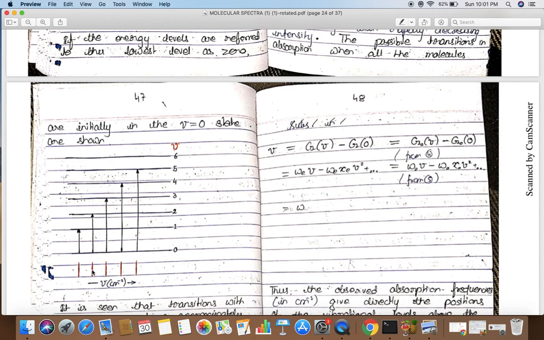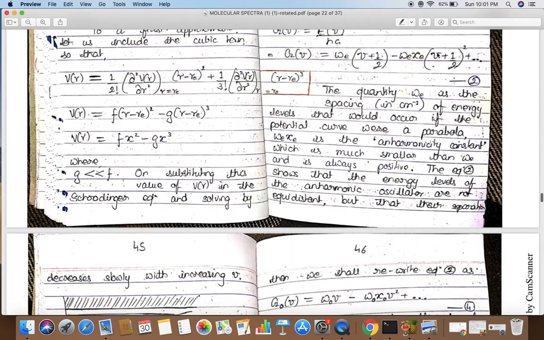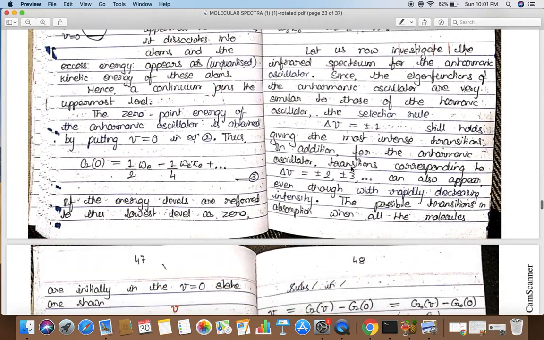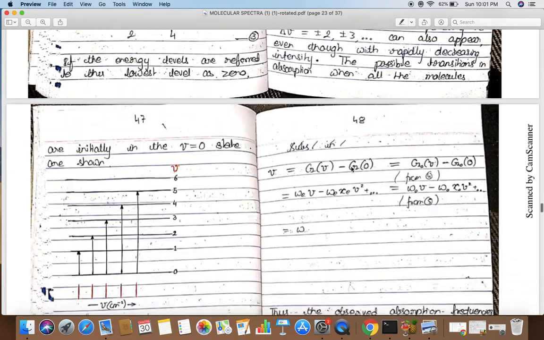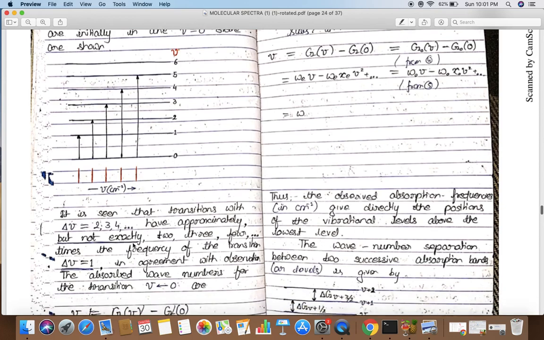As nu is increasing, you have this positive quantity over here, so you are not getting equally separated energy levels. This separation is the biggest one, then the smaller one, and the smallest one.